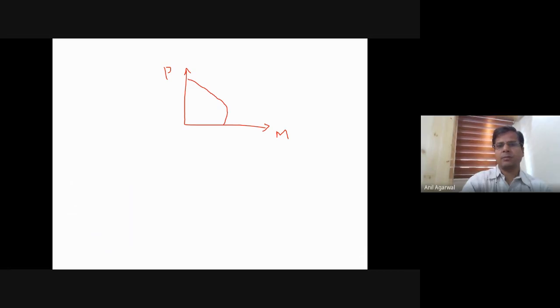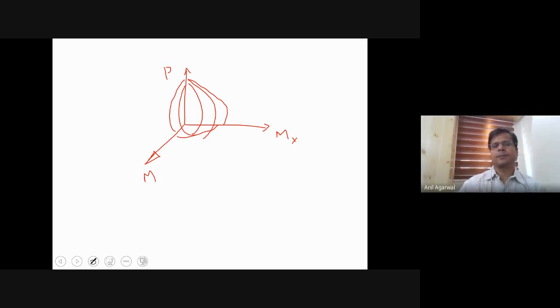And that might be M about one axis, then you may have M in the other direction also. Then what you will get is basically this kind of onion shape. That is also known as the onion bulb shape. PM interaction curve. You're familiar with this, right? All of you.